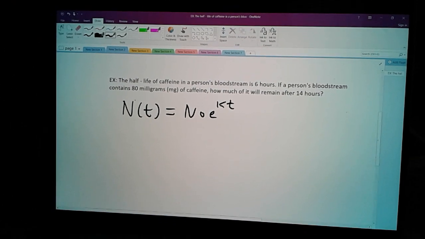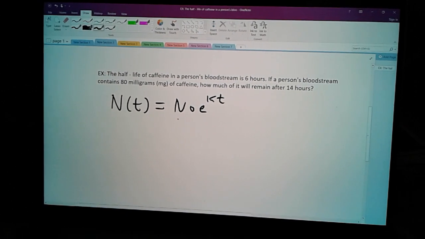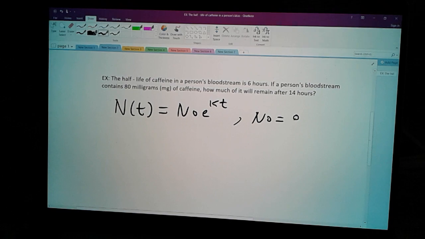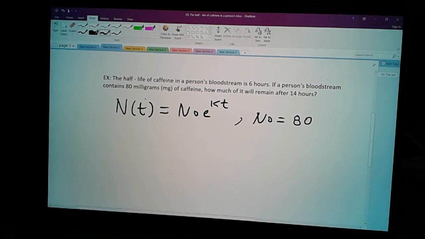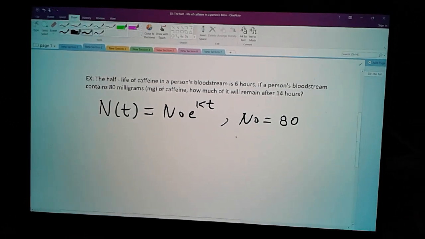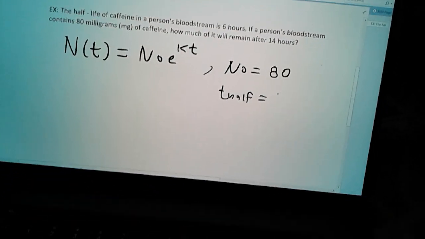All right, so you have 80 milligrams initially. So the N naught value is going to be 80. That's the initial amount. So it says the half-life is 6 hours. So the t half is 6 hours.